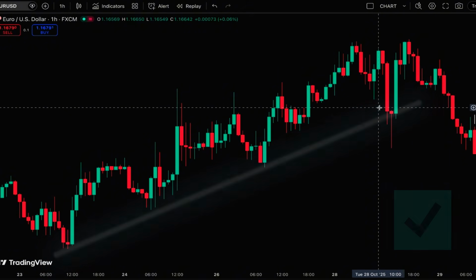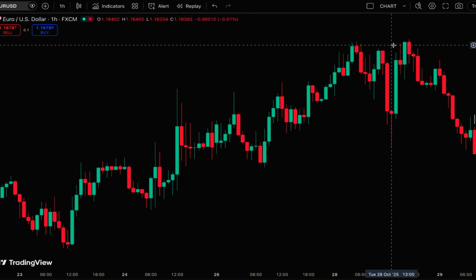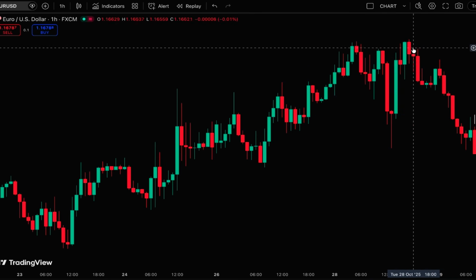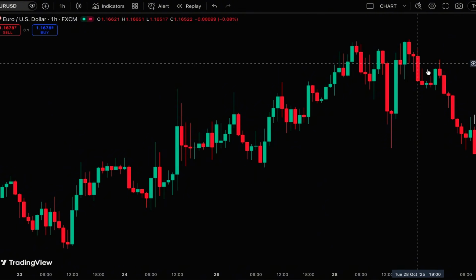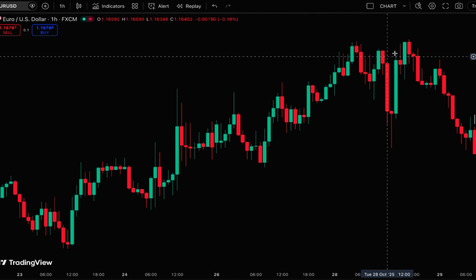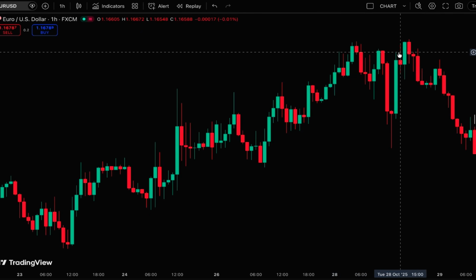So as long as the price is making higher highs and higher lows, we say that the market is in an uptrend. But if the price fails to make higher high, it is a signal that probably the uptrend is weakening. For example, here you can see that the price couldn't pass the previous high and then went down. This is a signal that probably the uptrend is ending and maybe a reversal is going to happen.